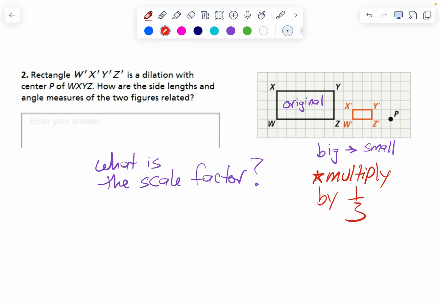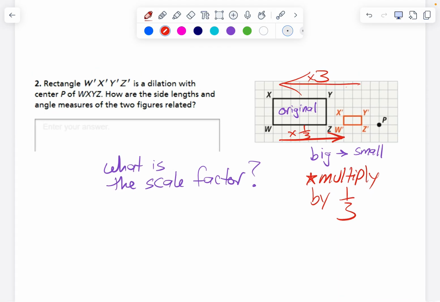Because if we went the other way, what's the scale factor going that way? Now it's 3, okay? So it matters which is which here. So times 3, times 1/3. The direction, or what is the original versus the new image, is important.